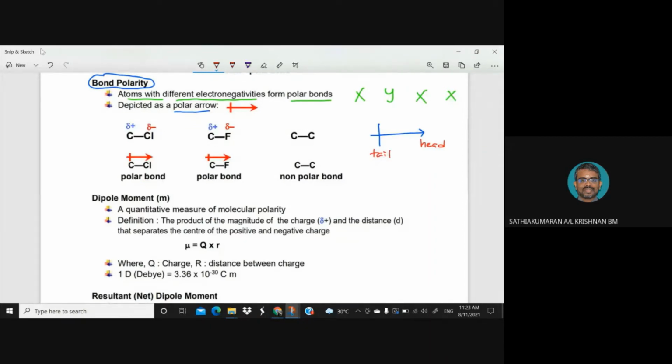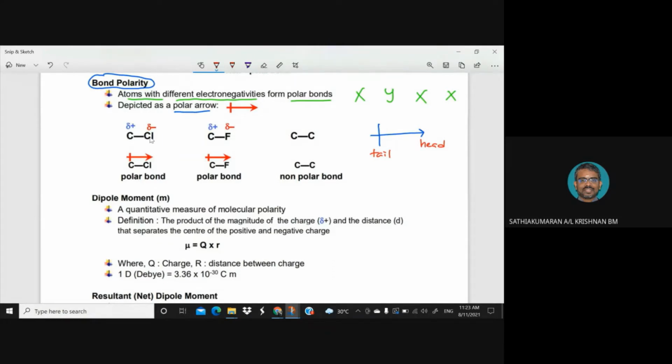So how do you draw this polar arrow, and which side should the head be and which side the tail? Let us see a few examples.